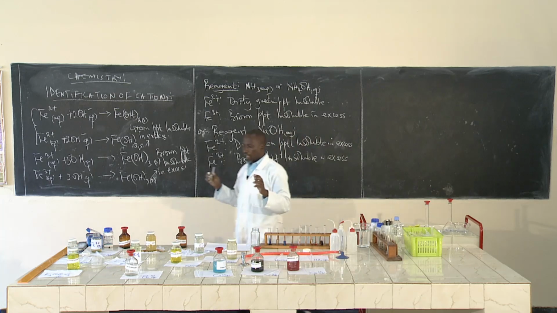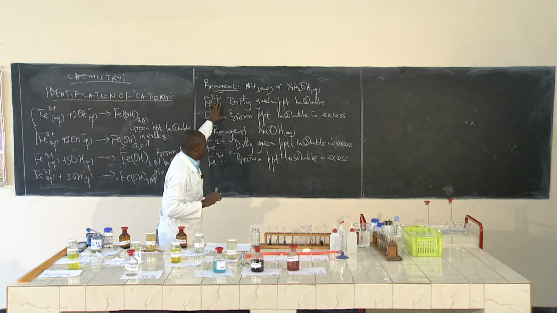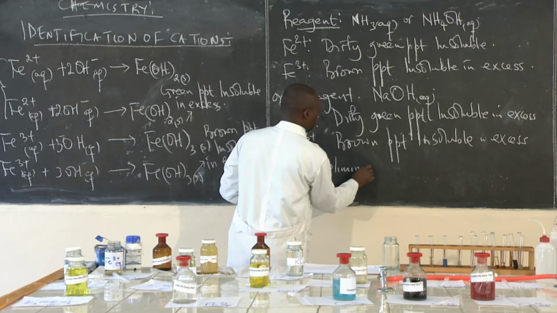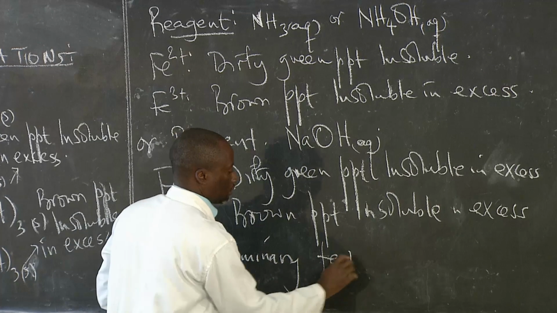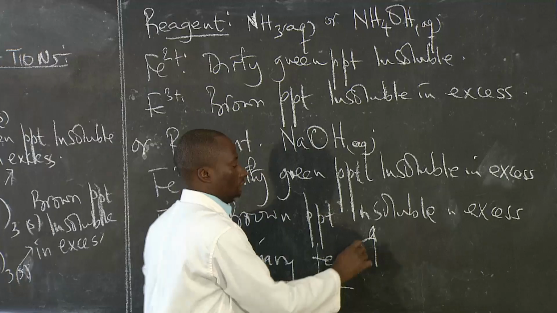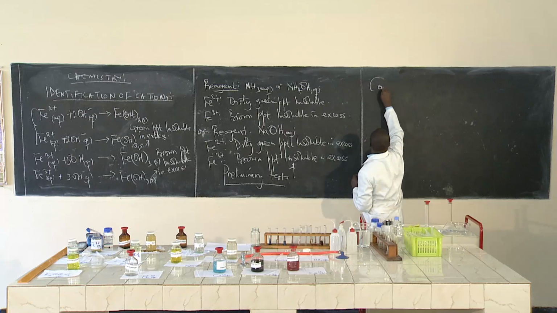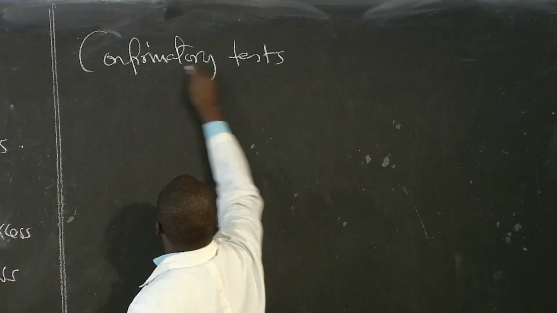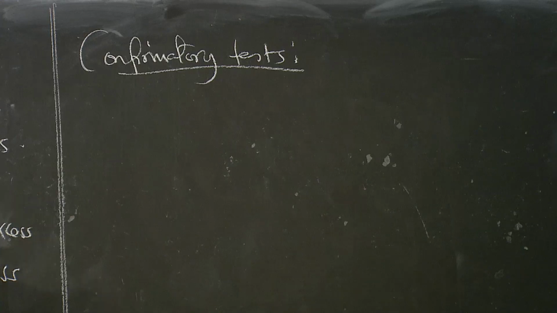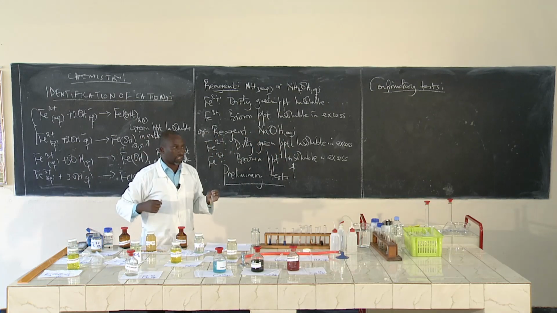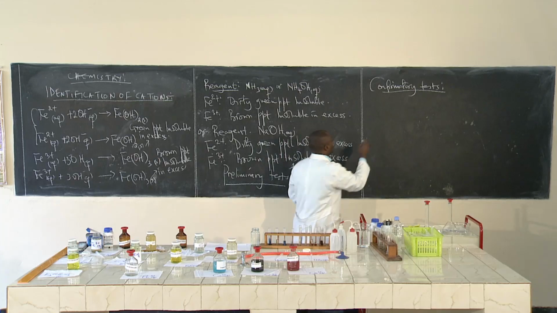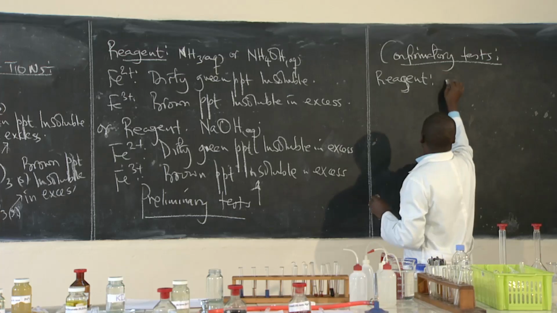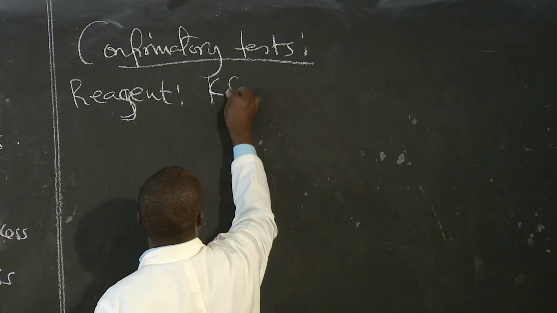The potassium thiocyanide is another reagent. And then, if you remember, I said these two are called preliminary tests. And then we have confirmatory tests. In the confirmatory tests, we are using three different reagents. One of them was potassium thiocyanide.